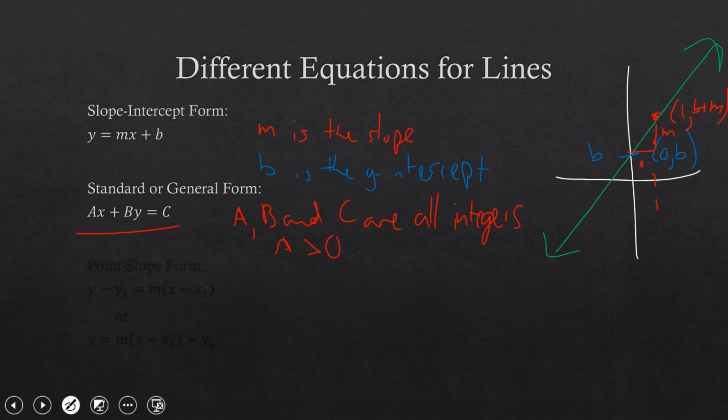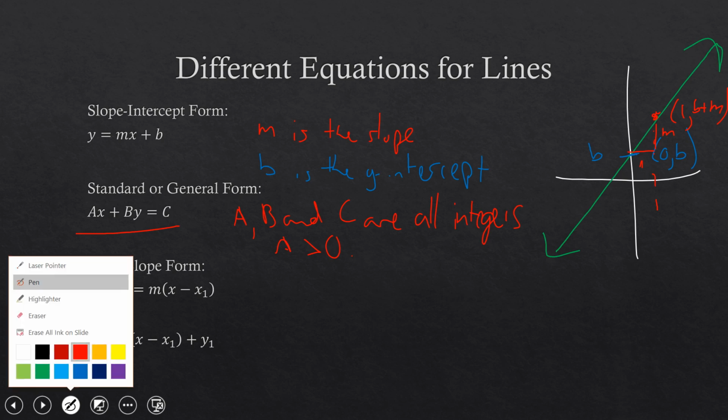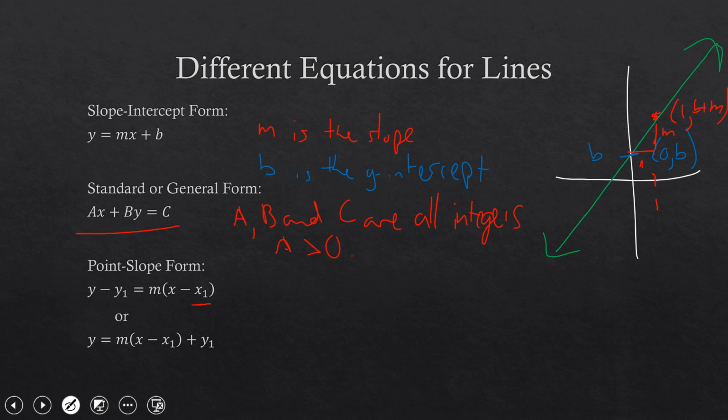Okay, so that's our standard or general form. And then a third form that's pretty handy, because we're often given some information about a line and we have to come up with an equation, is the point-slope form, where we've got the x and y coordinates for a point. So (x1, y1) is a point on the line.